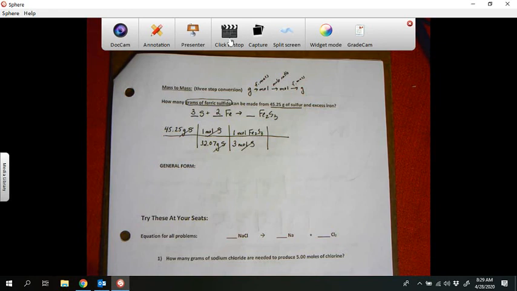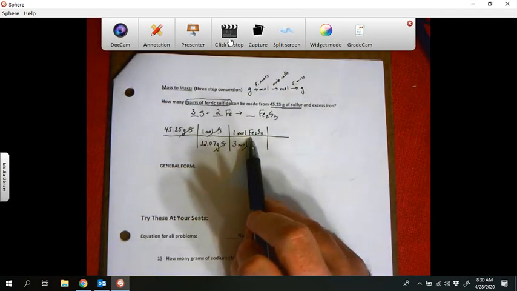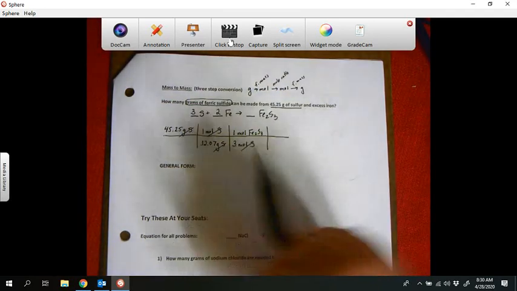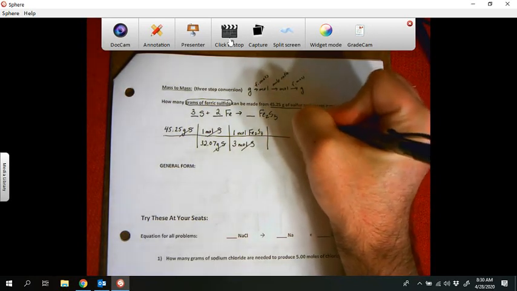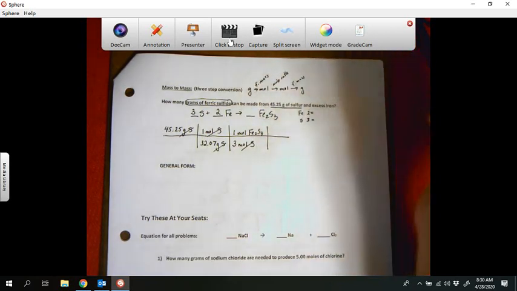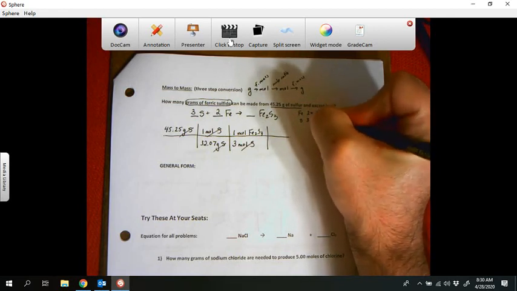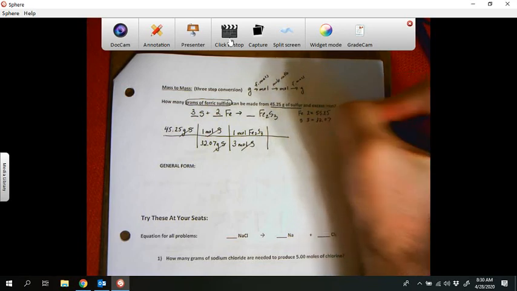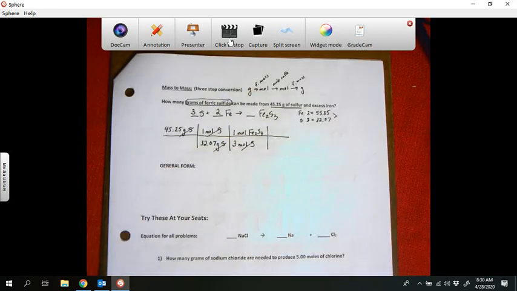I want grams, so I know I'm going to have to use the formula mass again, but this time for Fe2S3. So we have to calculate that. So we have 2 Fe's and 3 S's. Fe was 55.85, and sulfur we already looked up, 32.07. So when we multiply those and add them together, we get 207.91 grams.